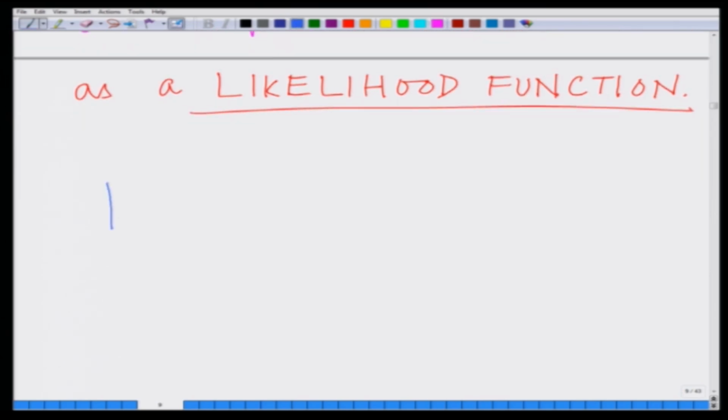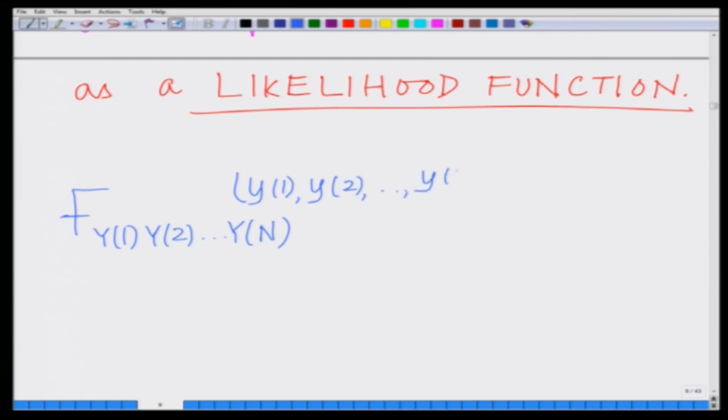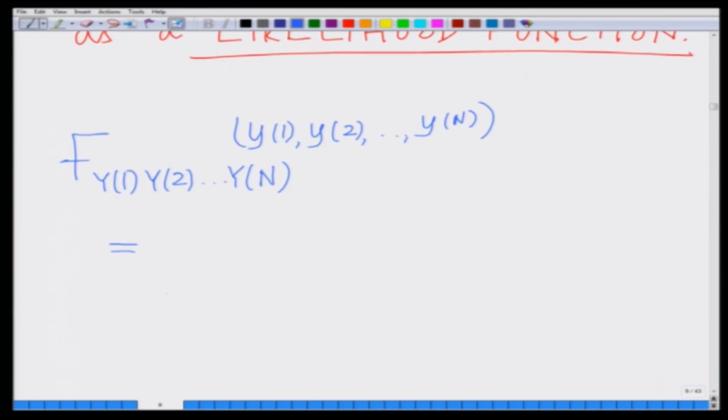This likelihood function is your joint PDF, that is f of y1, y2 up to yn, which is equal to 1 over square root of 2 pi sigma square e raised to minus 1 over 2 sigma square.